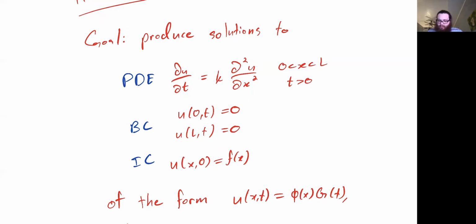And our strategy will be, well, let's look for solutions like this, and then we'll use the fact that this PDE is linear, so that if we have two solutions to all of this stuff right here, we can add them together and get another solution.